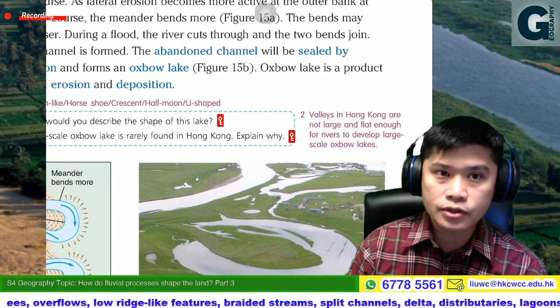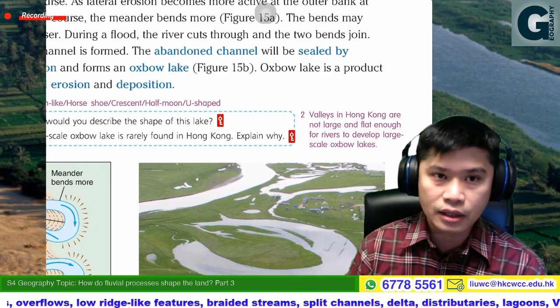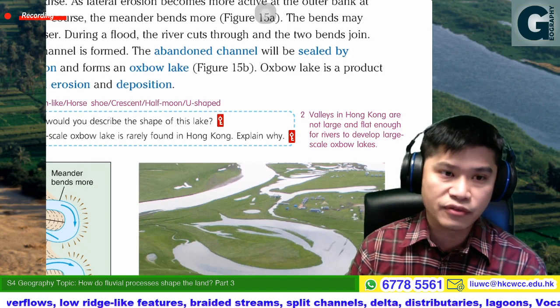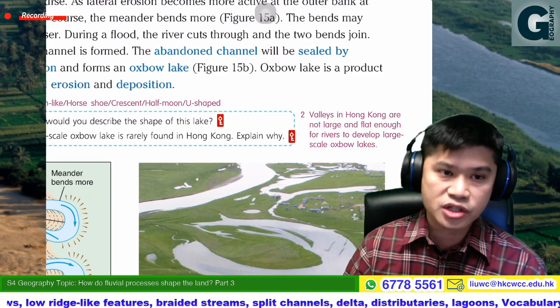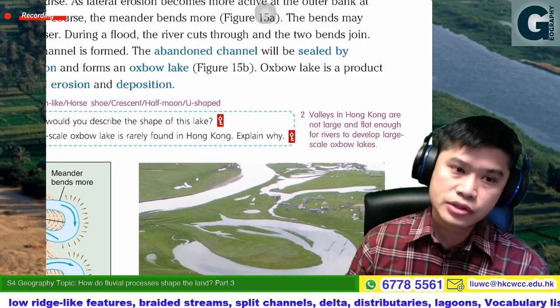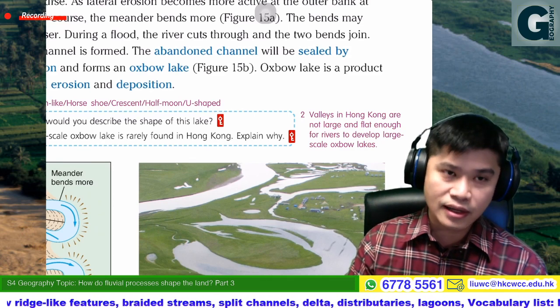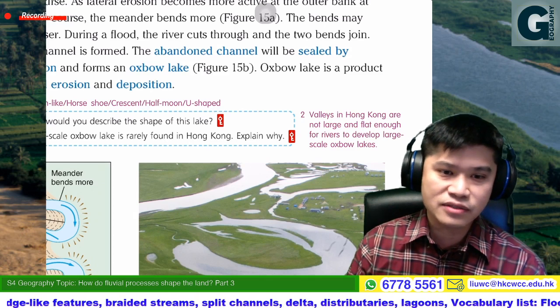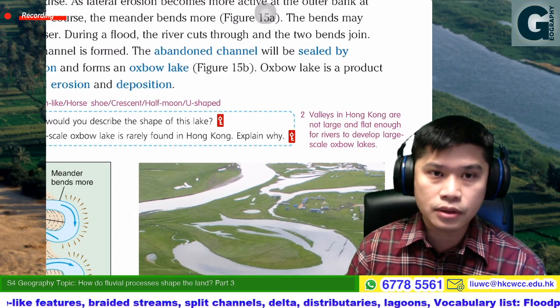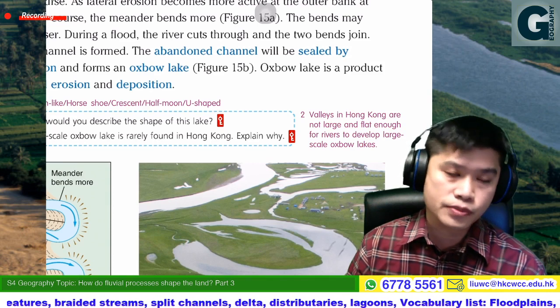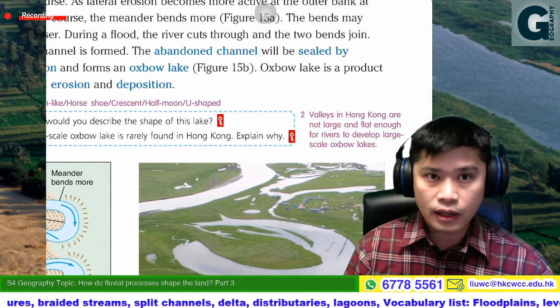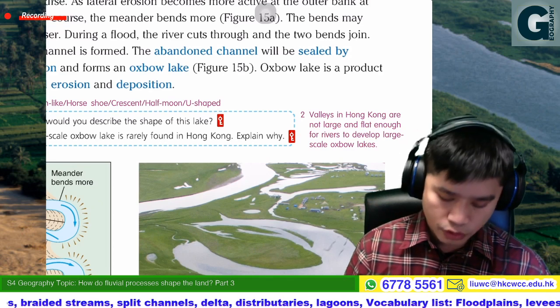Last time I also talked about the artificial oxbow lake, due to artificial channelization. A lake like an oxbow lake is formed, but it is not a natural oxbow lake. So that is some extra information for Oxbow Lake.